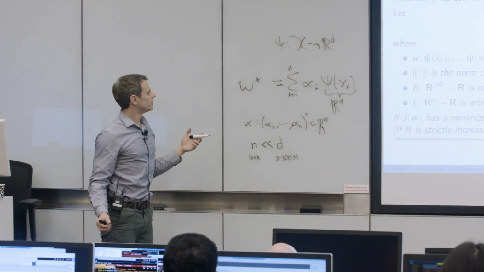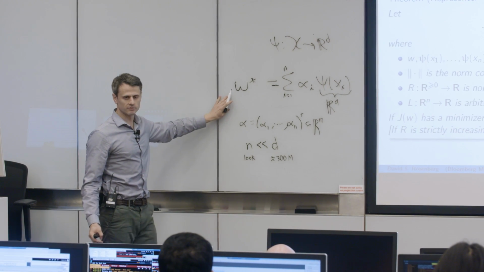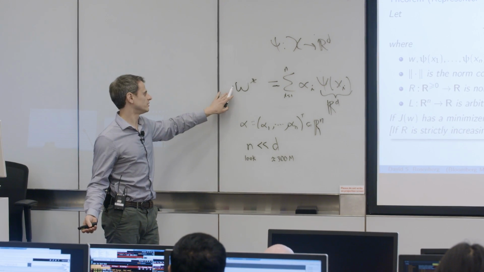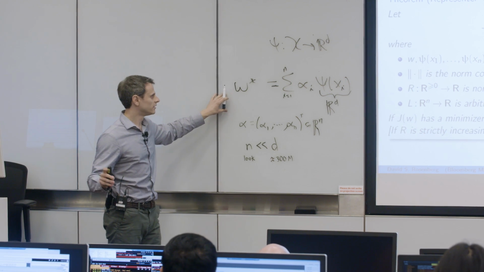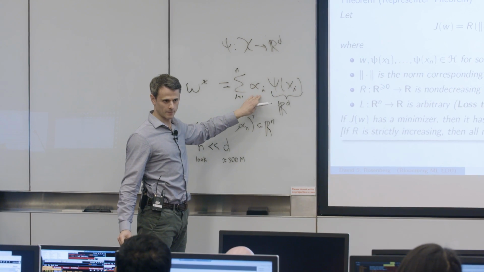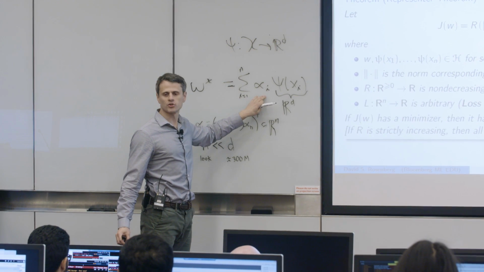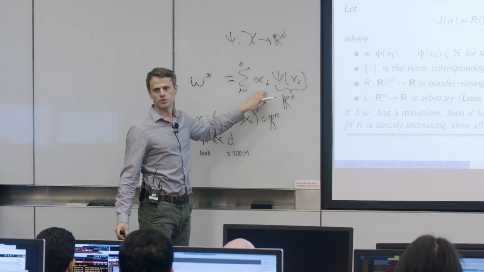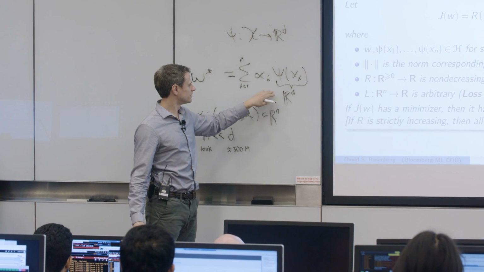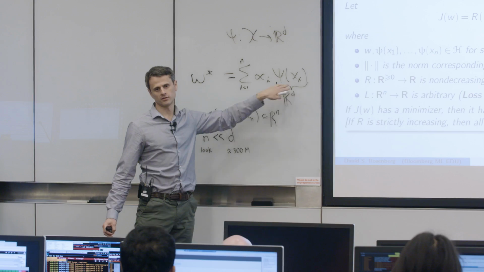So even though initially it's like, oh, we have 300 million free parameters to optimize over for W star, actually, you only have 100,000 parameters to find, the alphas. You don't have to search over the whole space. You only have to search over the thin subspace spanned by the data, by the psi x_i's.